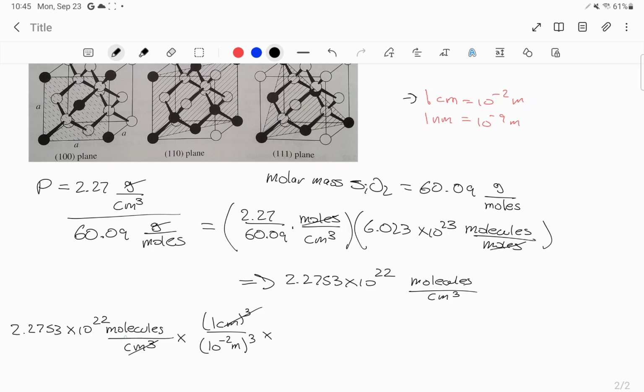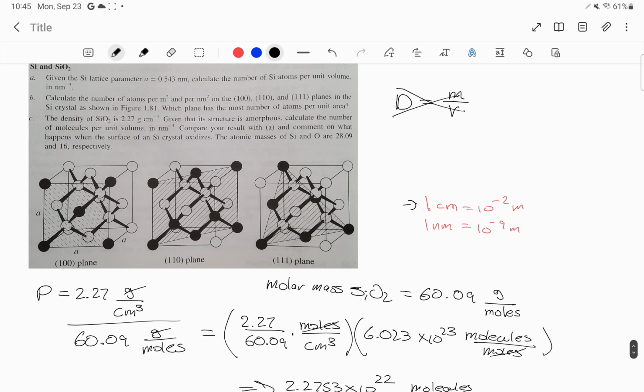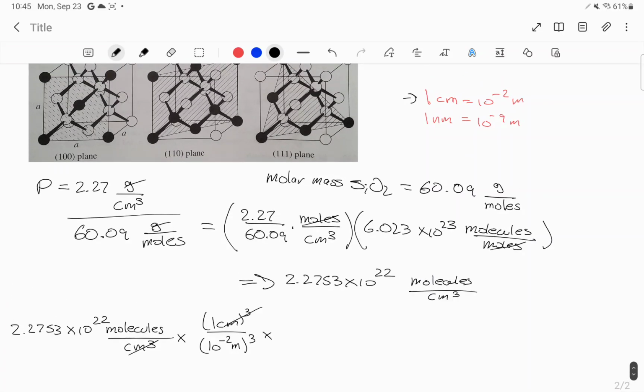Now we want to go from molecules per cubic meter to molecules per cubic nanometer. Right there it says per cubic nanometer. So we know that 1 nanometer is 10 to the negative 9 meters. Of course, we want our meters to cancel out, so we're going to put our meters on the top and our nanometers on the bottom.